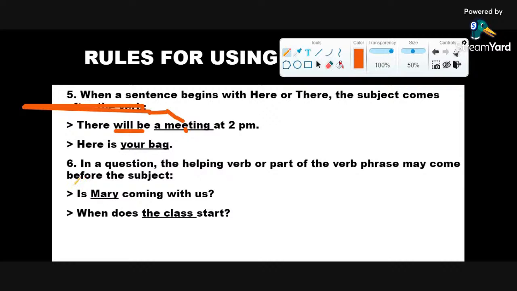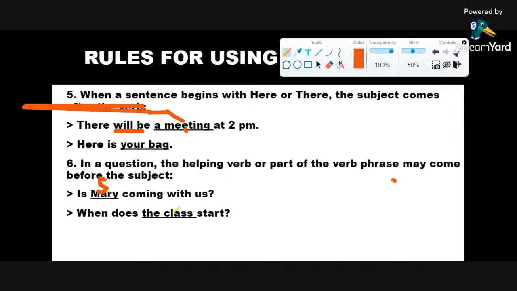Rule number 6, in a question, the helping verb or part of the verb phrase may come before the subject. It is similar to the other one. Is Mary coming with us? Here the verb is coming before the subject Mary.